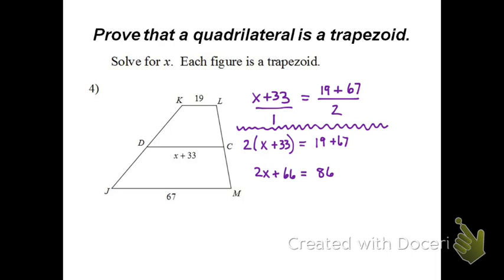Let's solve that. So if we subtract 66 from both sides, then those 66 cancel. We get 2x equals 20. And then we can divide both sides by 2, and we find our answer, where x equals 10.